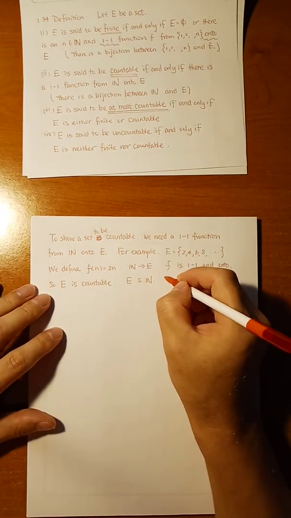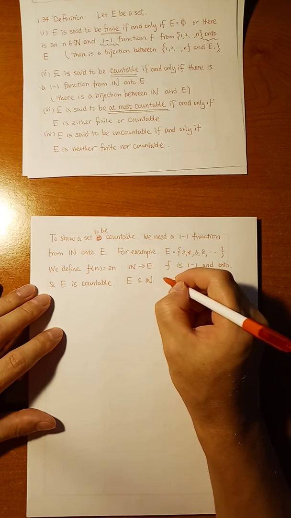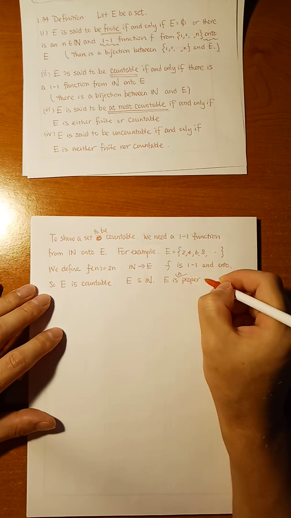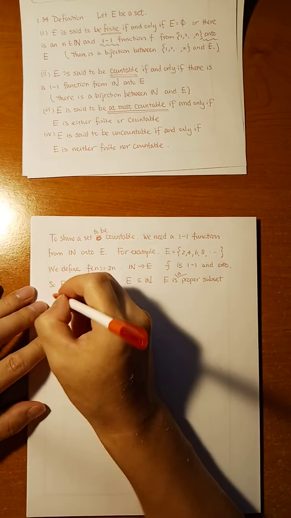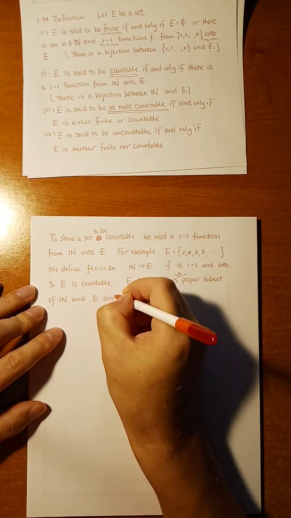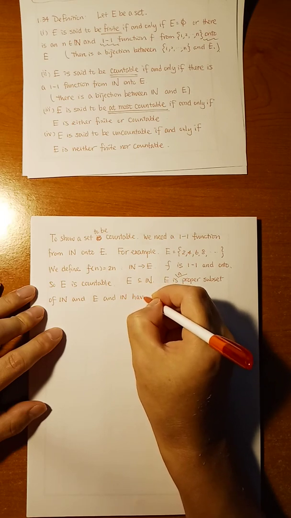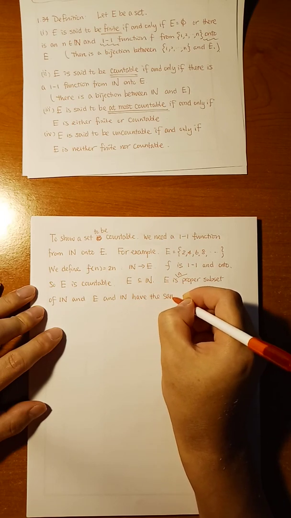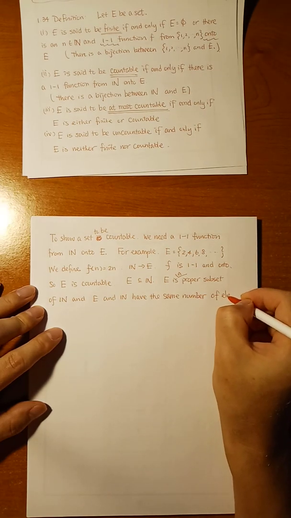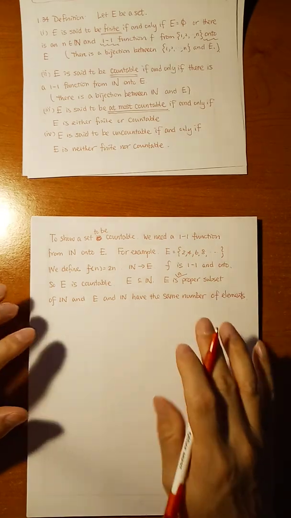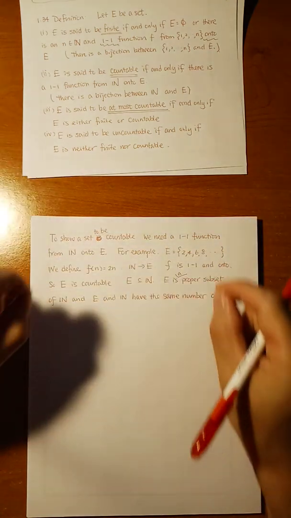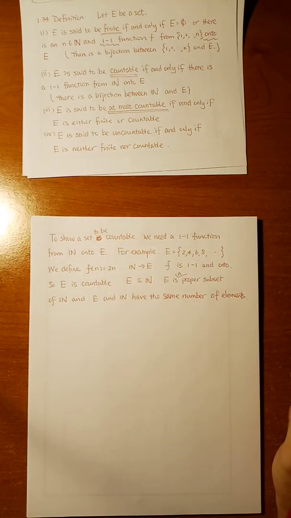So E is a proper subset of N, and E and N have the same number of elements. How do we know? We have one element here, one element there, a one-to-one correspondence, so we say they have the same number of elements.